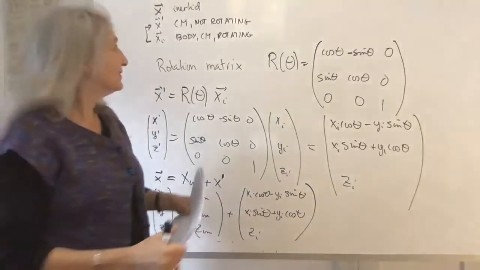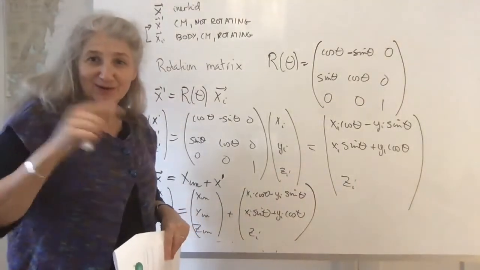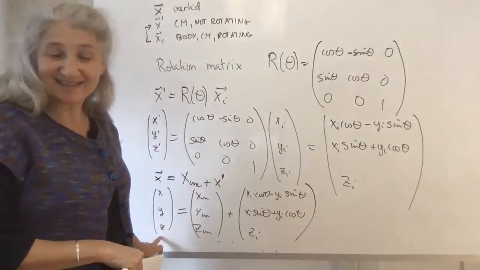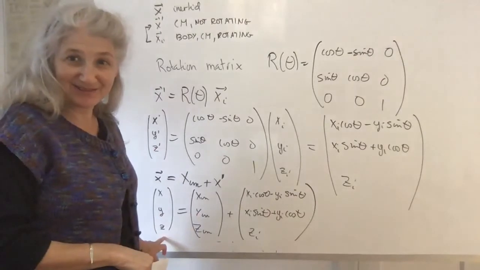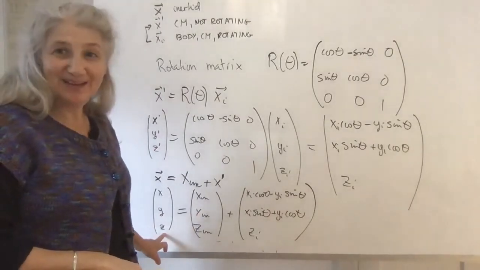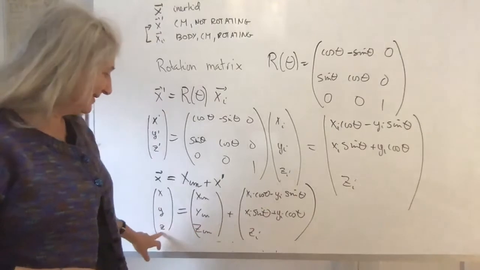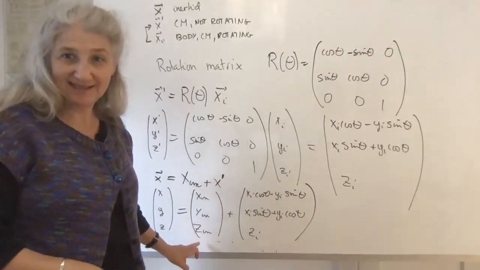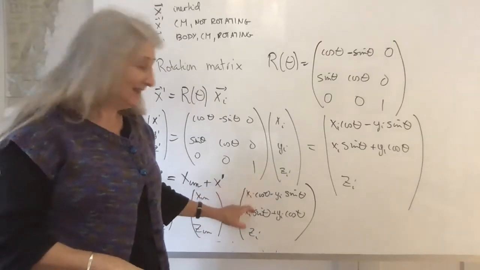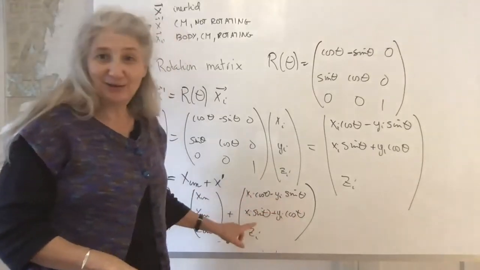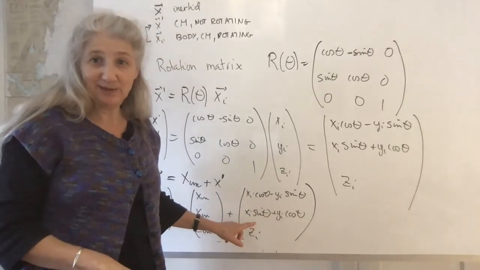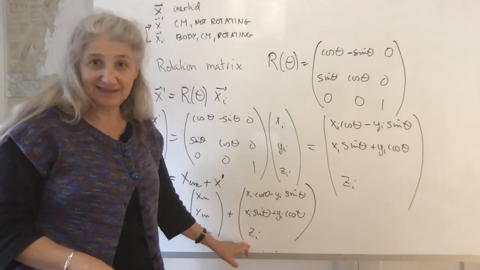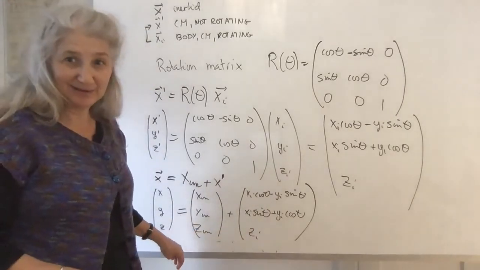Let's leave this here. In order to calculate angular momentum, it's r cross v. We've got r, which is the position in the inertial coordinate system, but we need to know v, so we need to take a time derivative of this. The center of mass could be moving, so that will turn into the velocity of the center of mass. But it could also be rotating, so d theta dt will be an angular rotation rate. So we can take the time derivative to get the velocity in the inertial frame.